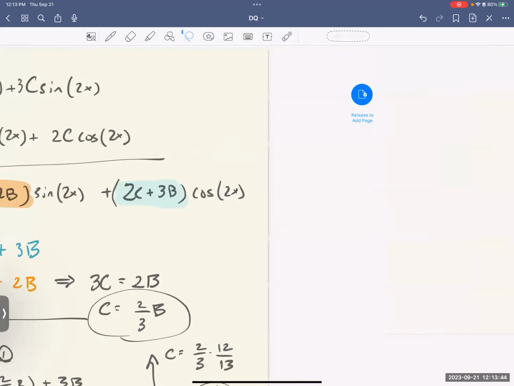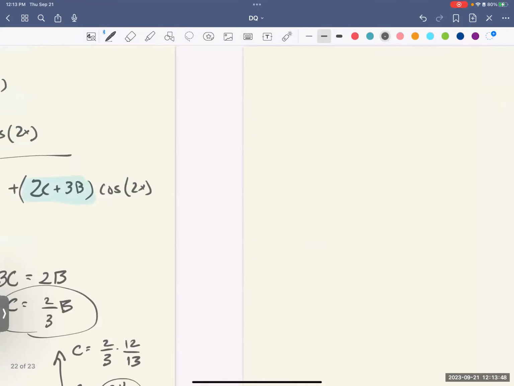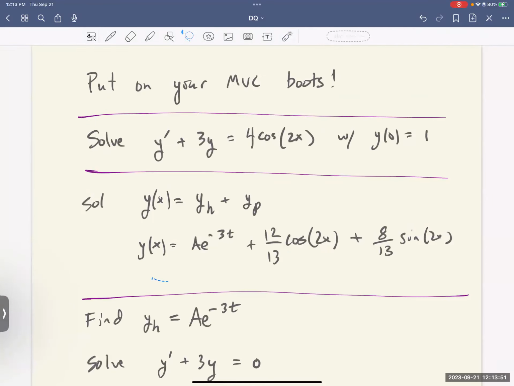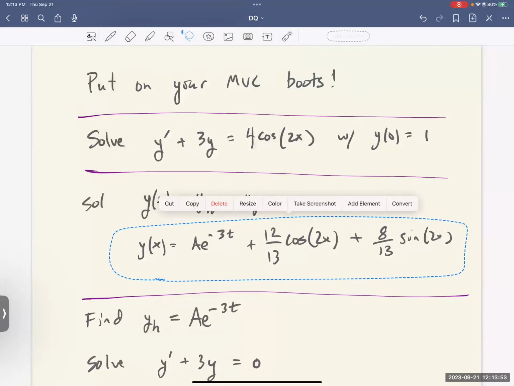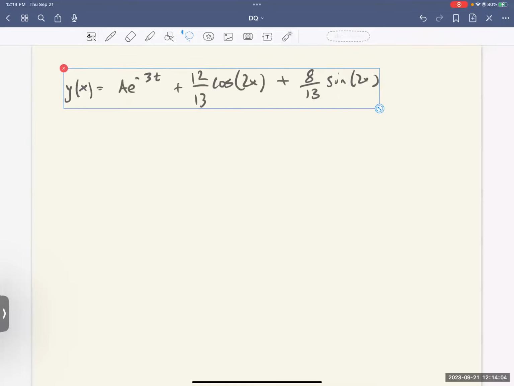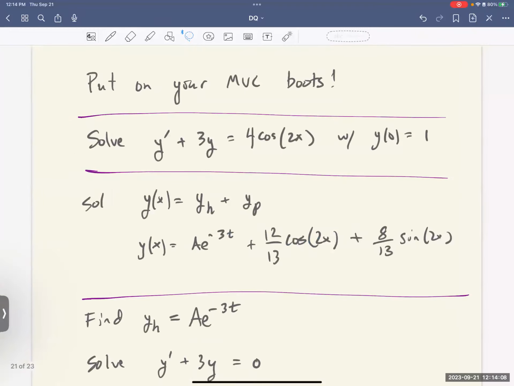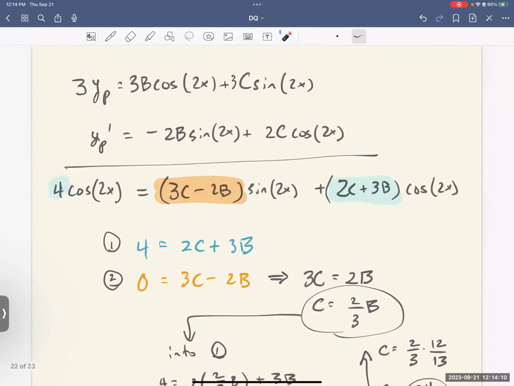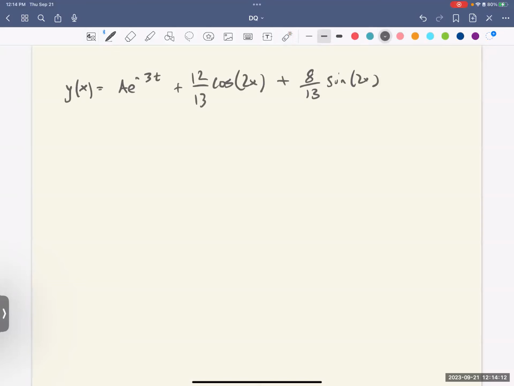Yes, that was our initial condition. So y of 0 being 1, let's plug in 0, we get 1.